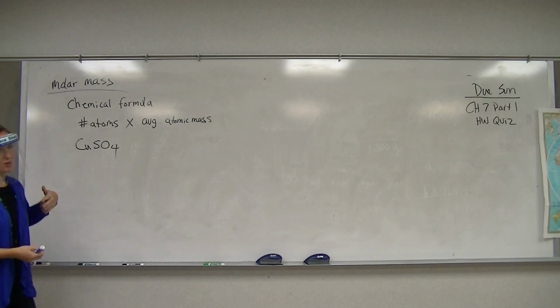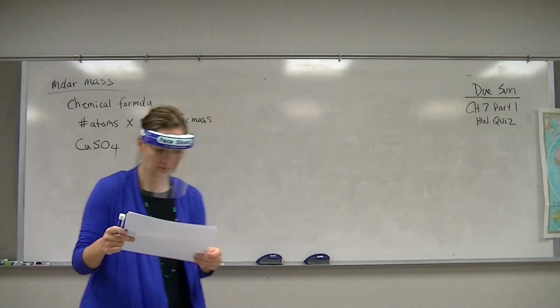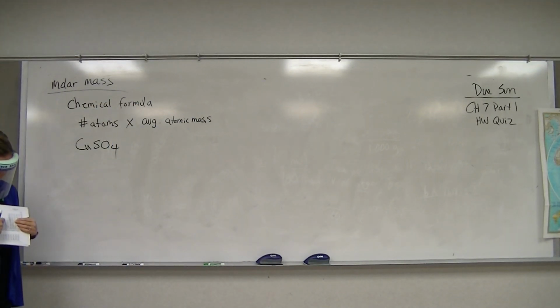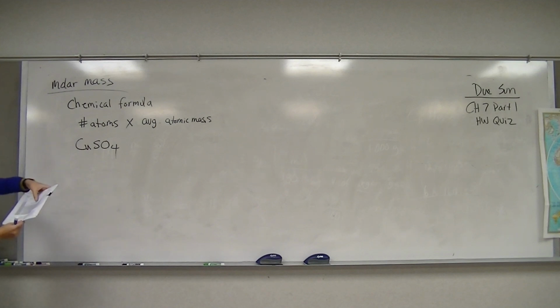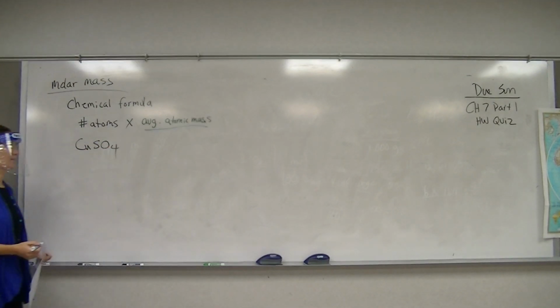So Cu, you could find that using your periodic table. It's copper, number 29. You want to follow along and look for it. You can see the chemical symbol Cu, so that's copper. Why do I need to find it on the periodic table? Because that's where I'm going to get the average atomic mass.